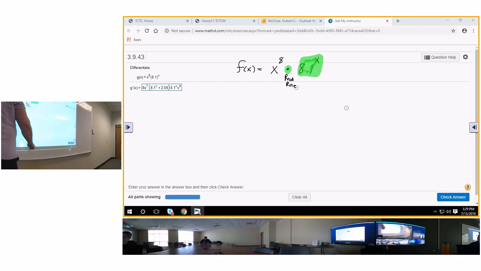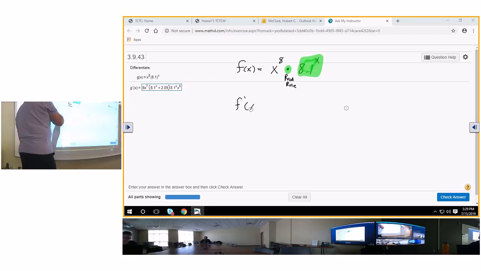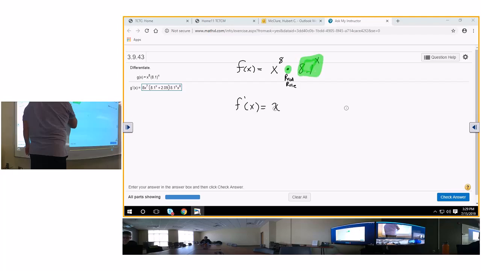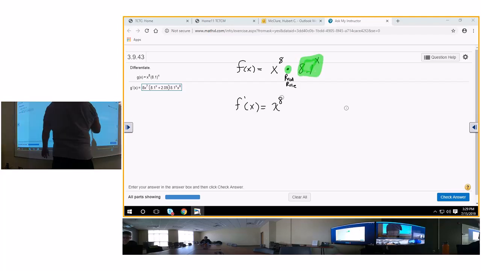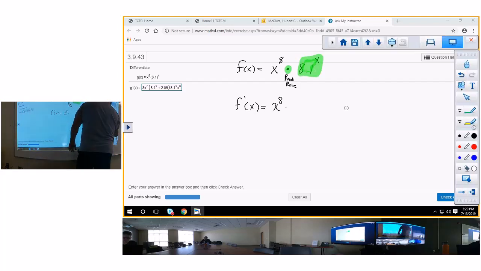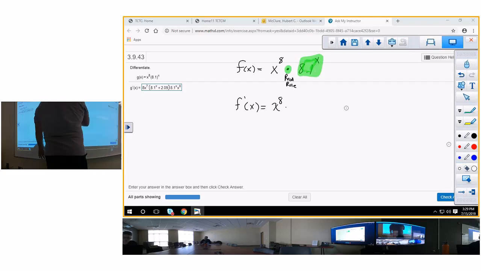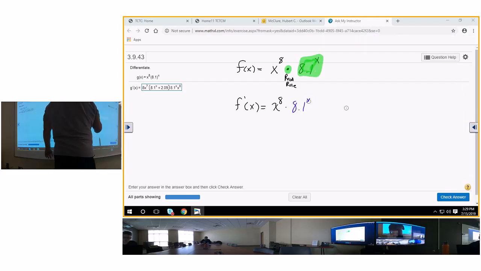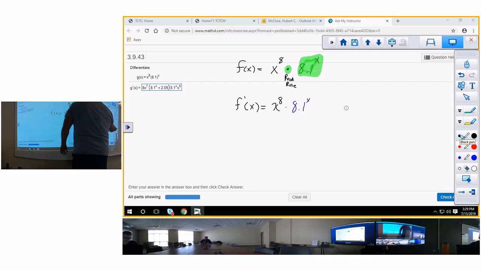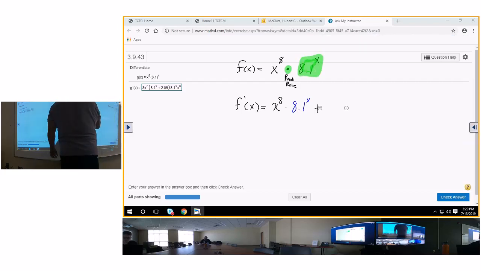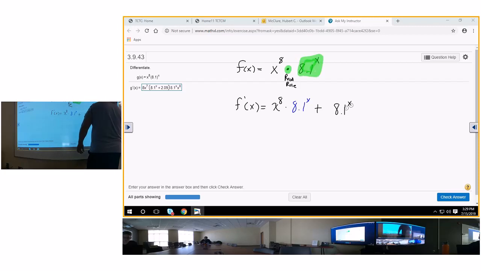Now, we could take the log of both sides. We'll do that also. So, f prime of x is equal to, first, times the derivative of the second, we'll do that in blue, 8.1 to the x power, plus the second, times the derivative of the first.